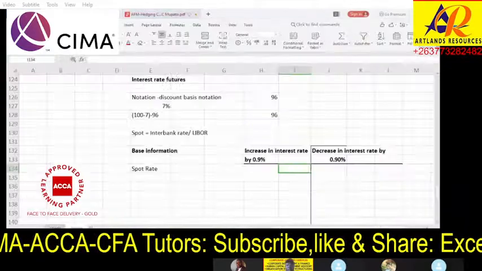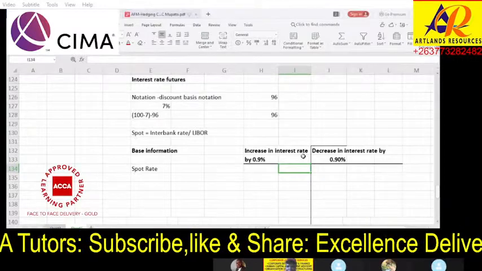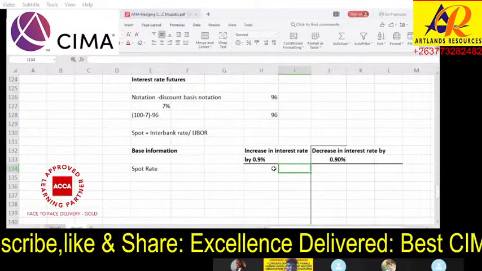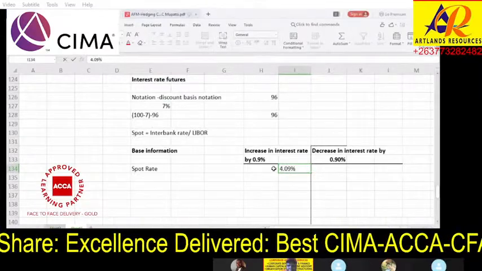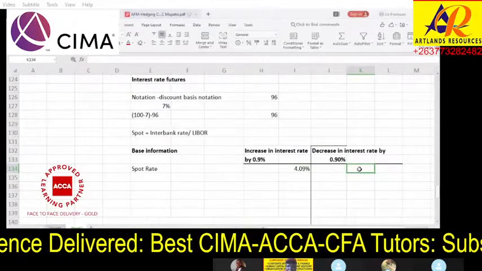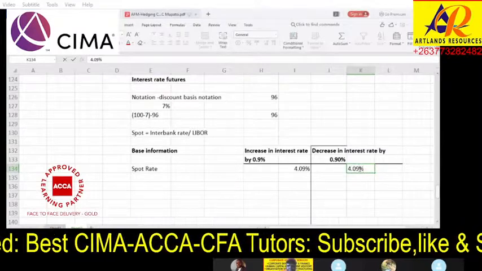That's the spot rate. So you just come here and put 4.09%. The spot rate is 4.09%. Here, still is 4.09%.